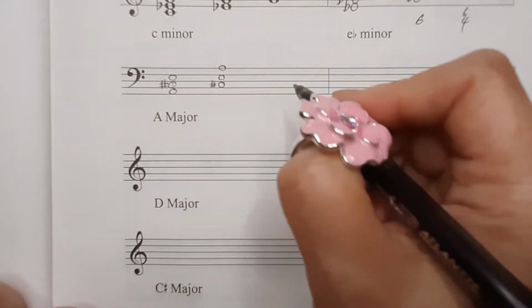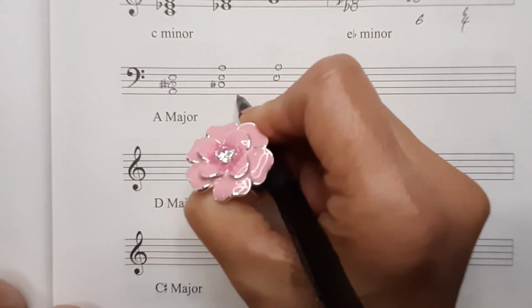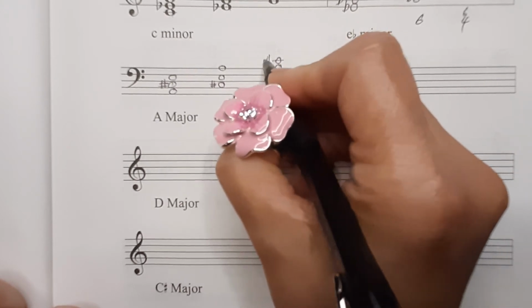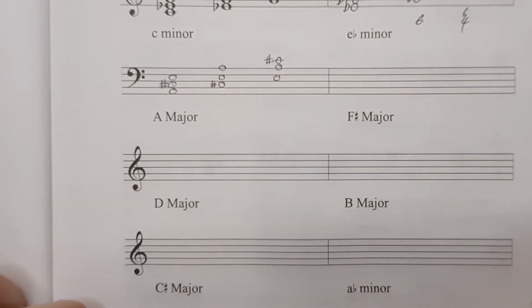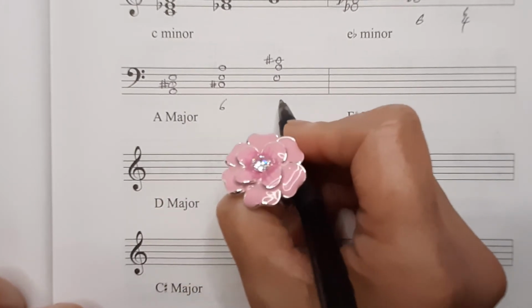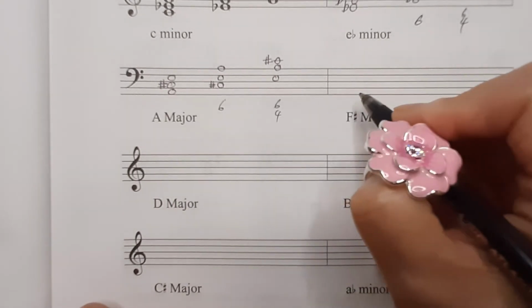Okay, a second inversion, E and A, and bring the C sharp to the top. And make sure you sharp it. Okay, what's the number again? For the first inversion, it's 6 or 6-3. Second inversion, 6-4.